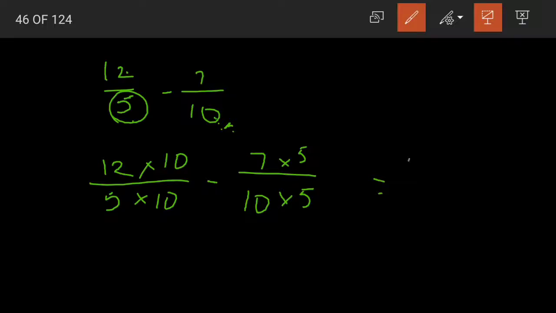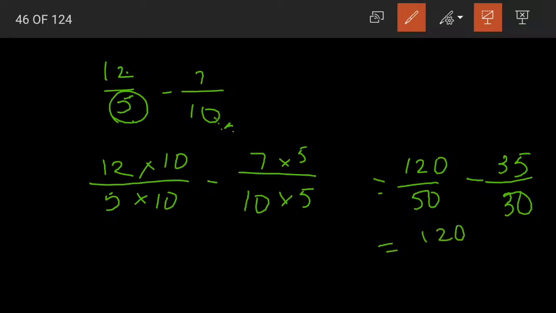Okay. Now 12 into 10, 120 divided by 50, minus 7 into 5, 35 divided by 10 into 5, 50. Now 120 minus 35, divided by the common denominator 50.